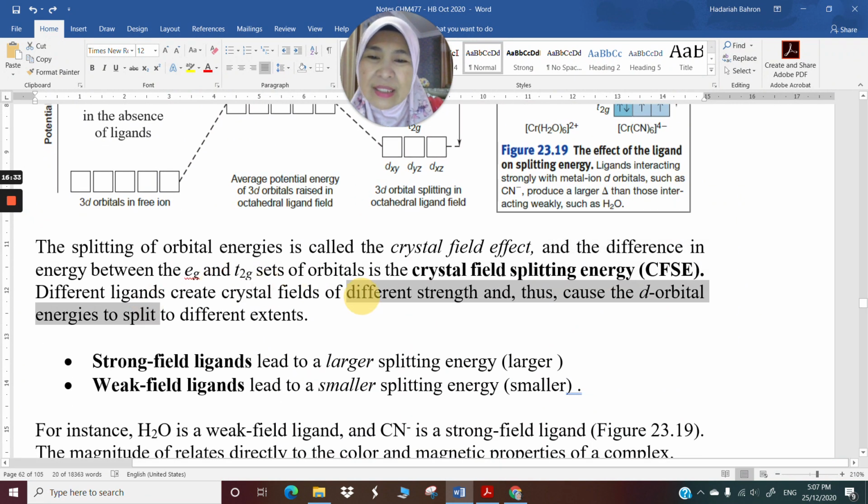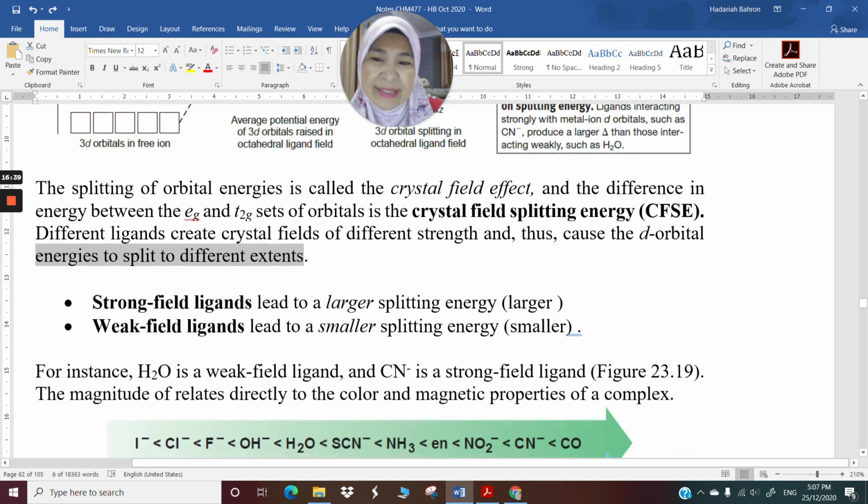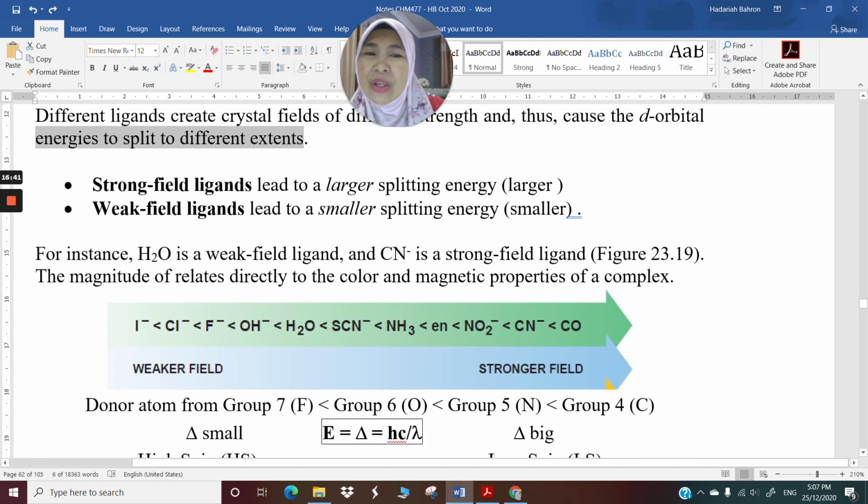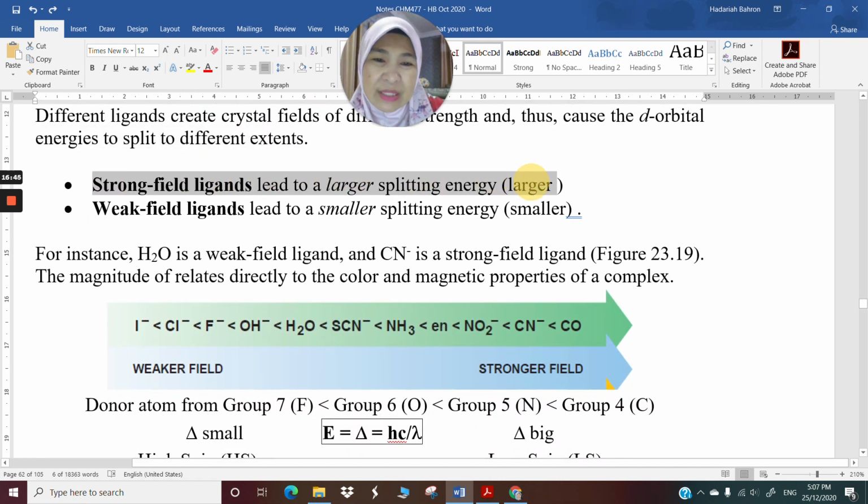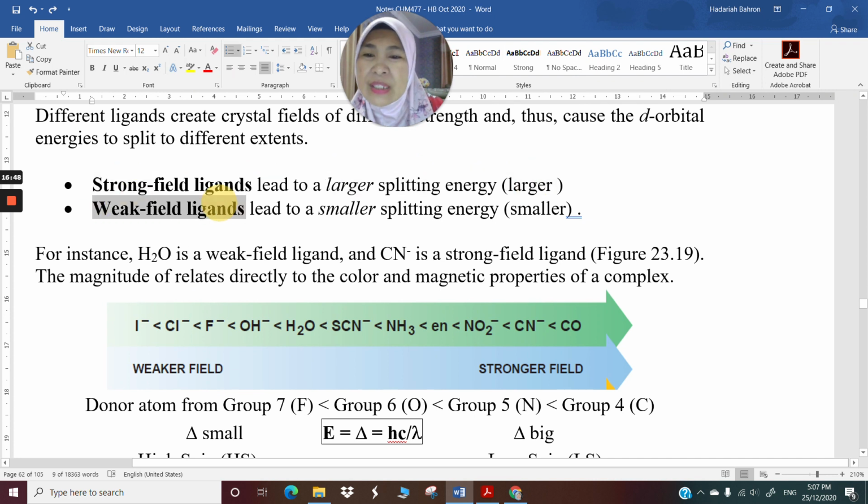Different ligands create crystal fields of different strength, thus the d orbital energies split to different extents. So, strong field ligands such as cyanide lead to larger splitting energy. Weak field ligands such as water lead to smaller crystal field splitting energy. Water is a weak field ligand, CN minus is a strong field ligand.